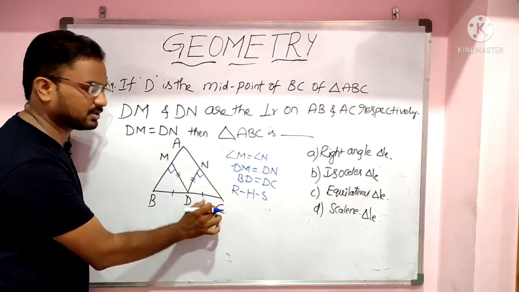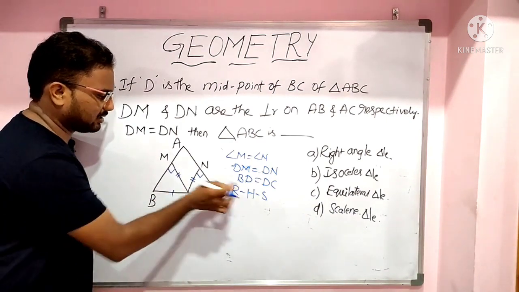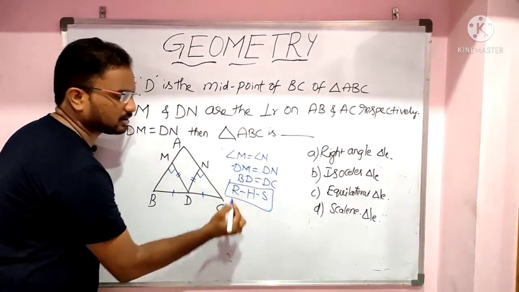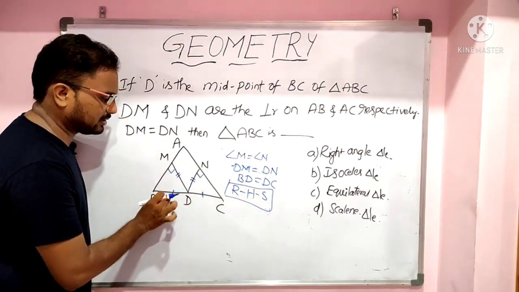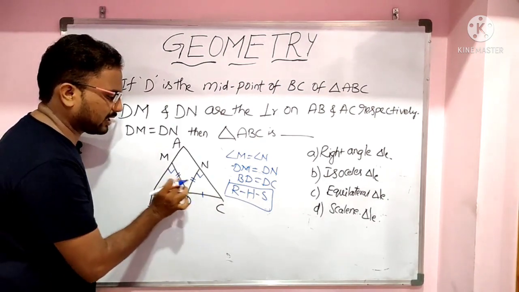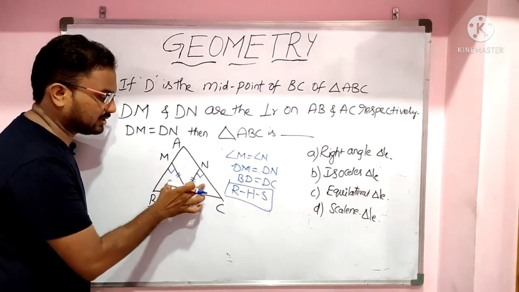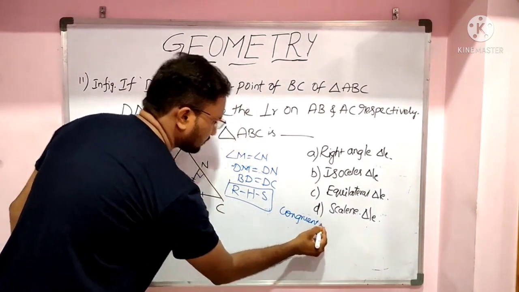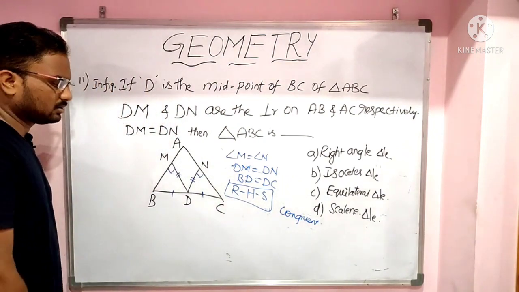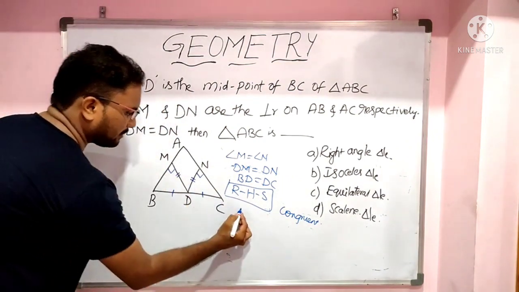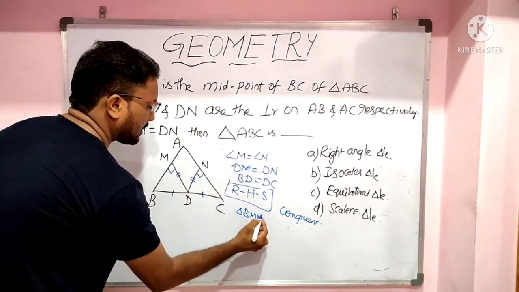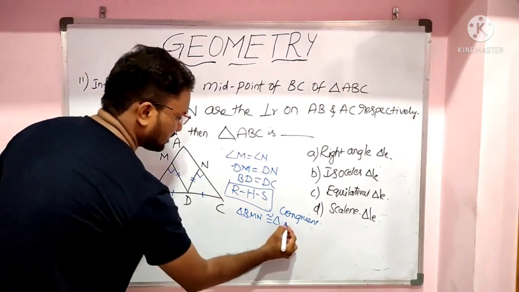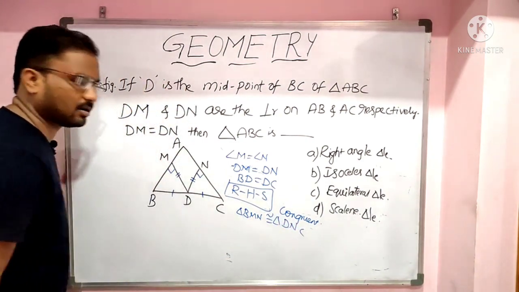These two are equal, and one side DM equals DN. So according to the RHS property, these two triangles are congruent. Triangle BMD is congruent to triangle CND.